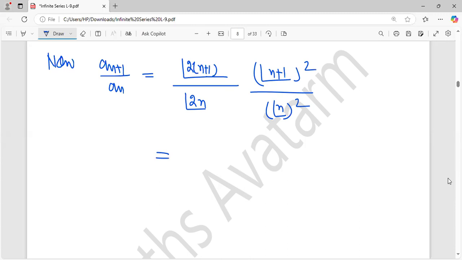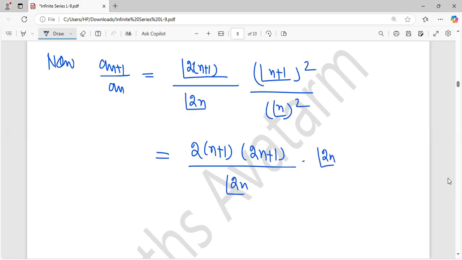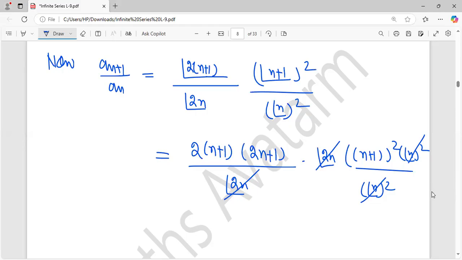So after solving it, what will we get? This is cancel out. This is also cancel out. Oh, sorry, I made a mistake.